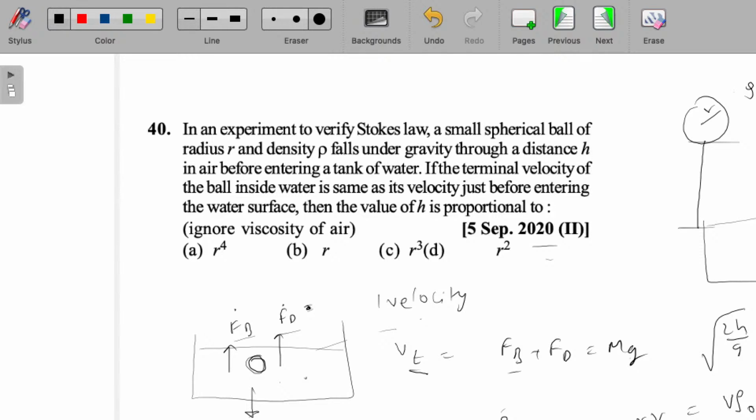Basically everything here is a constant. V is the volume of the object, g is the gravity, rho is the density of the object and liquid, and eta is the viscosity of the fluid. It's all constant. So k by r we could say, because we are finding the dependency on r. So root over 2gh is k by r, so your h is k by r square.